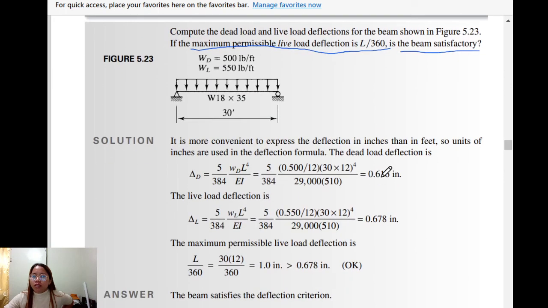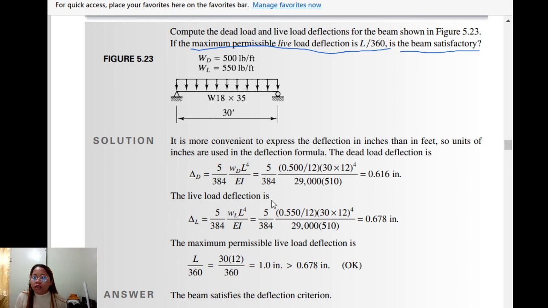The I can be found in the AISC manual, Part 1, table of dimensions and properties of sections. You can see it here, I sub x, I sub y. So solving, that is 0.616 inch.